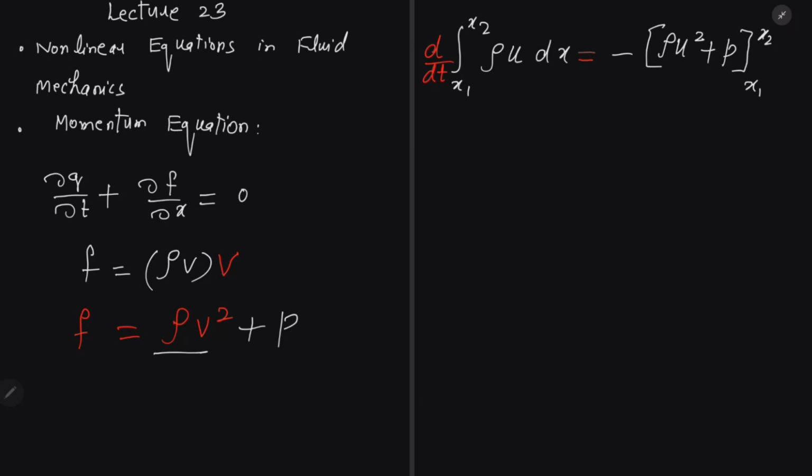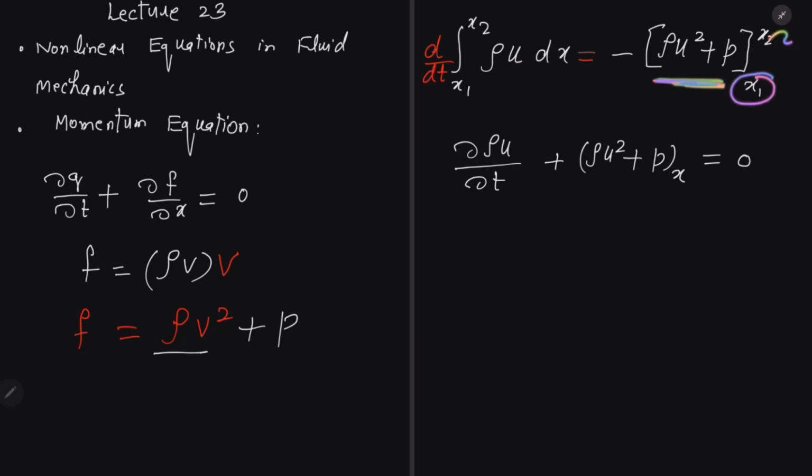After solving this problem, we have partial rho u by partial t plus partial by partial x of rho u square plus p is equal to 0. That's what we have from the above equation. You just need to find the flux at x1 and x2 like this.